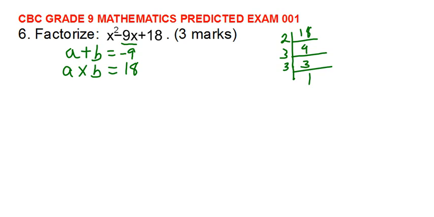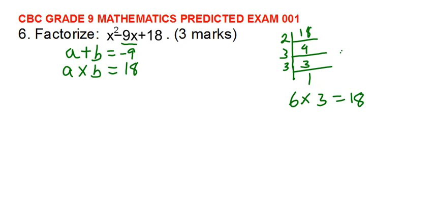So you can see that if we take 2 times 3, that is 6, multiplied by 3, that gives us 18. So that gives us a clue.